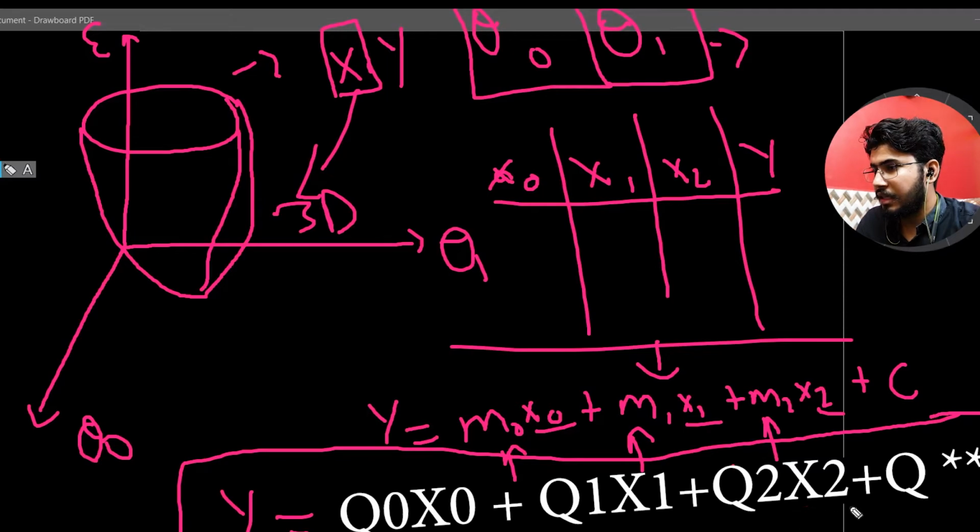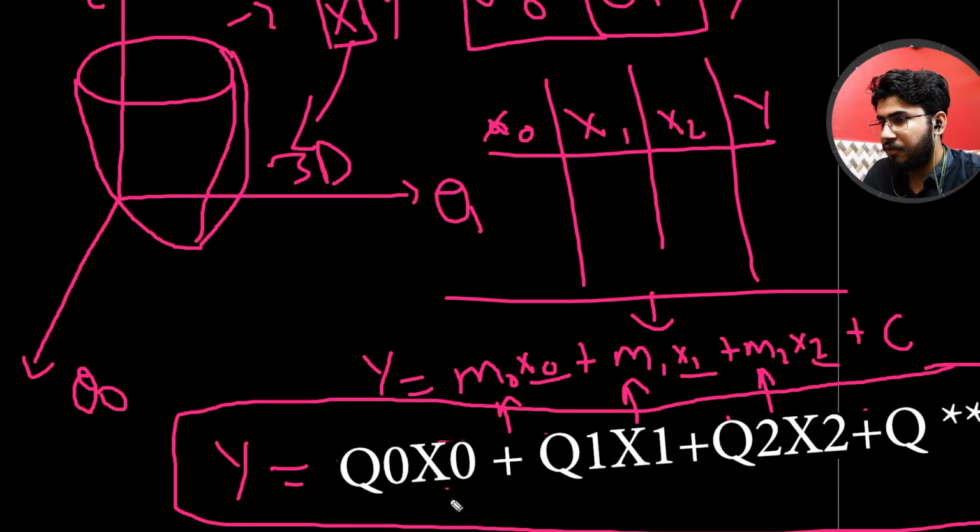In this case it will have 1D, 2D, 3D, and let's take 4D. So this will be 2D, this will be 3D, this will be 4D, and this will be 5D.